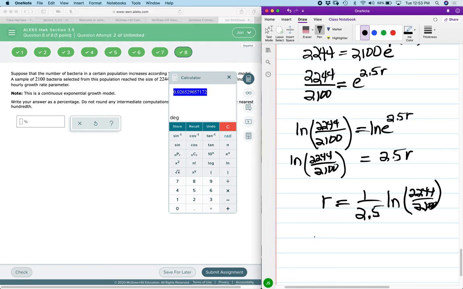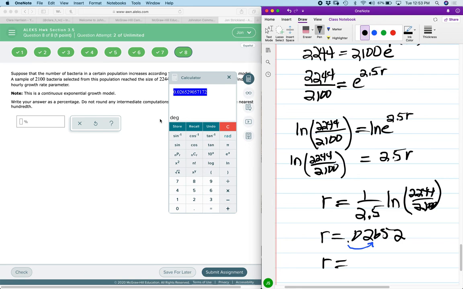And so for r, you have 0.02652. If I put this as a percentage, move the decimal over 2 places to the right, and here I have 2.652.